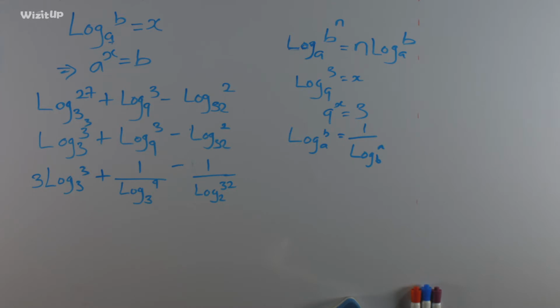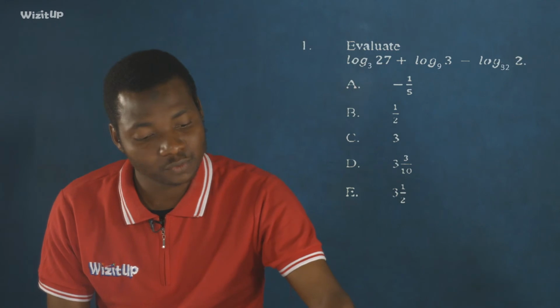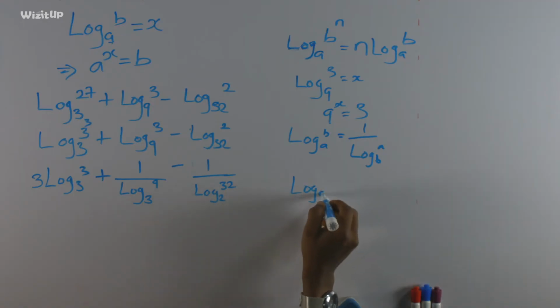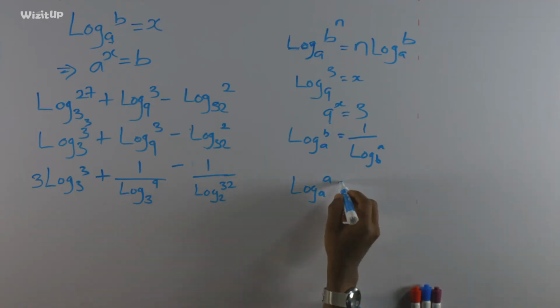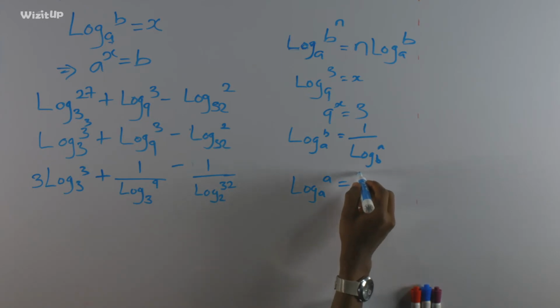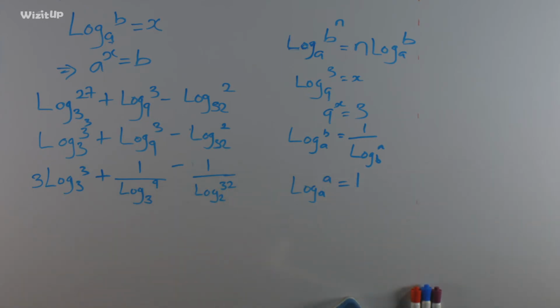Now, let's move further. There's also a logarithm law that says that whenever you have the log where the base and the number are the same, then it automatically gives you 1. Whatever the number, be it 1 million, log base 1 million of 1 million gives you 1. So now let's apply that here.